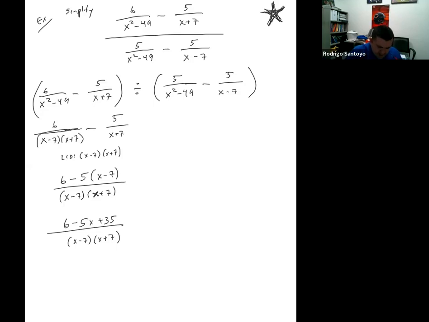We're left with negative 5x, 35 and 6 is a 41 over x minus 7, x plus 7. Any questions with that first part there?